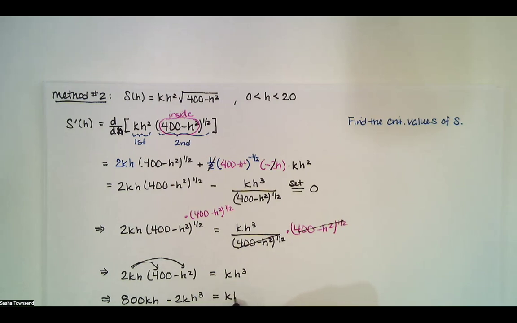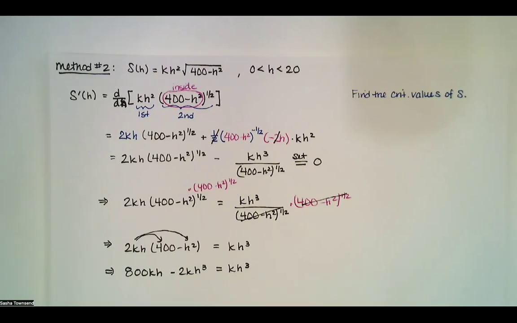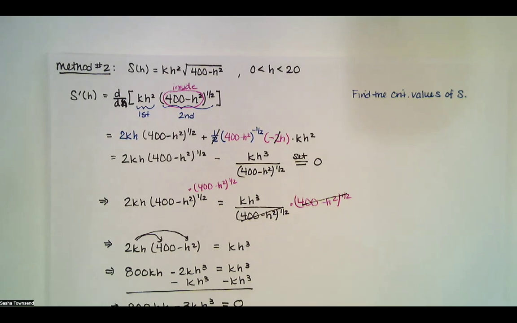And that's equal to kh cubed. And now if I subtract this from both sides, we have 800hk minus 3kh cubed equals 0.